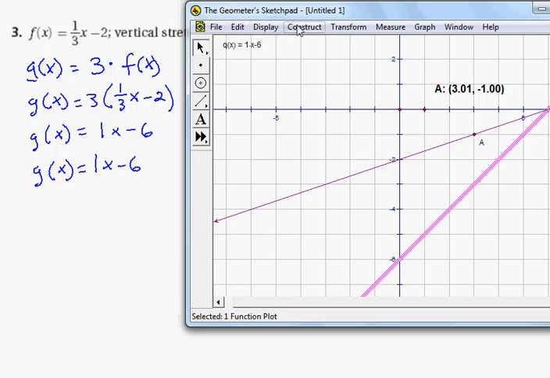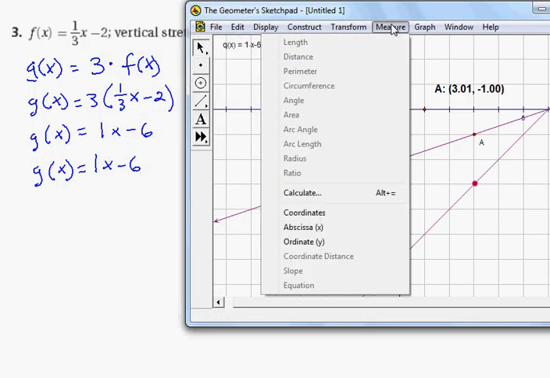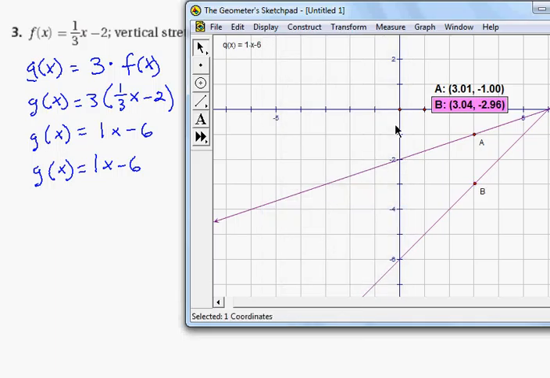And now if I were to construct a point and put that point right there, okay, and let's go ahead and display the coordinates here. So if I can get this to exactly the same position, 3.01.